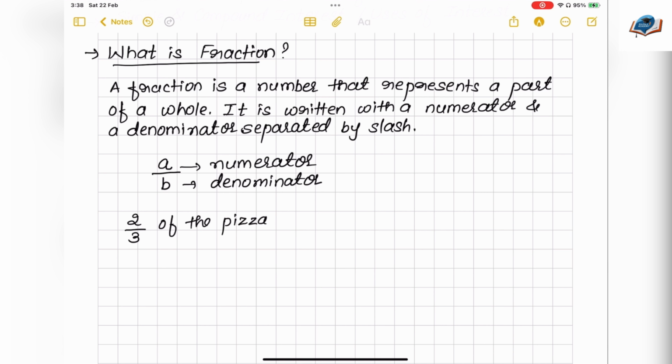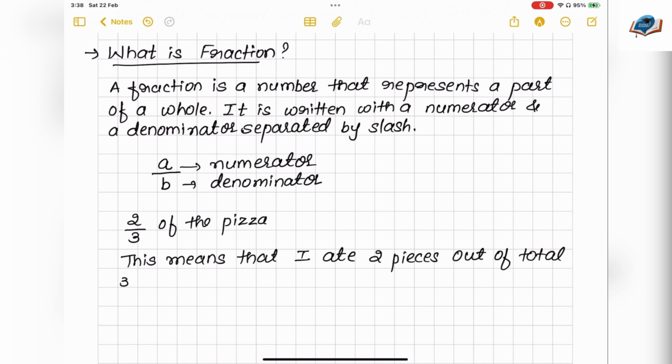Now, here, this means that I ate two pieces out of total three pieces.